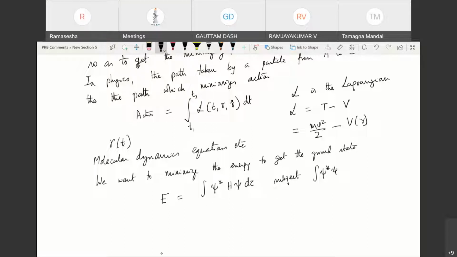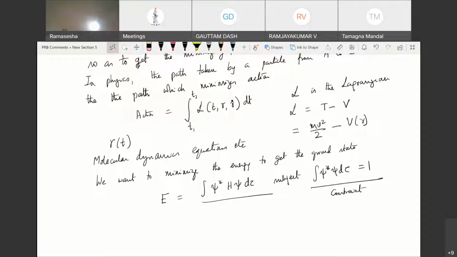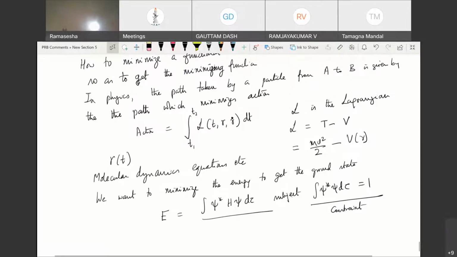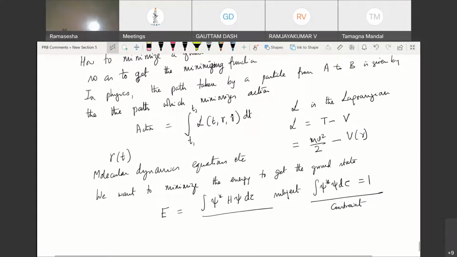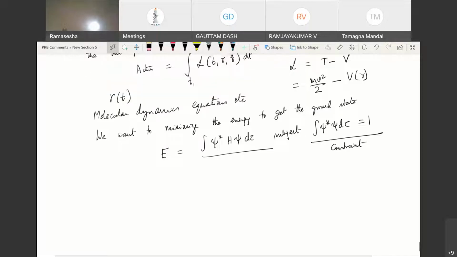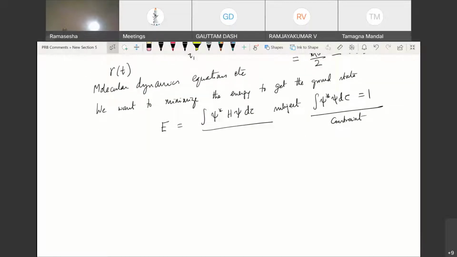This is another problem that you almost always encounter in all of chemistry. You are always dealing with obtaining energy eigenvalues of various Hamiltonians. So these are the two very, very important problems in chemistry and physics that involve minimizing functions. Now let us see how we can go about minimizing a simple function.